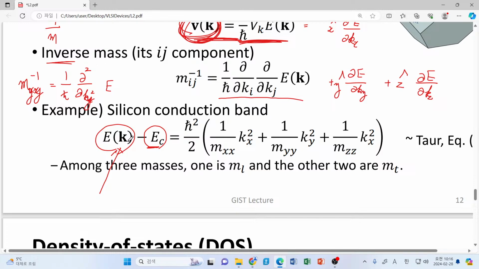So in the case of conduction band description, the origin of your k is not located at the gamma point, but at the minimum point of your silicon conduction band. Okay, although I have prepared more slides, let's wrap up today's lecture and see you next Monday. Thank you.